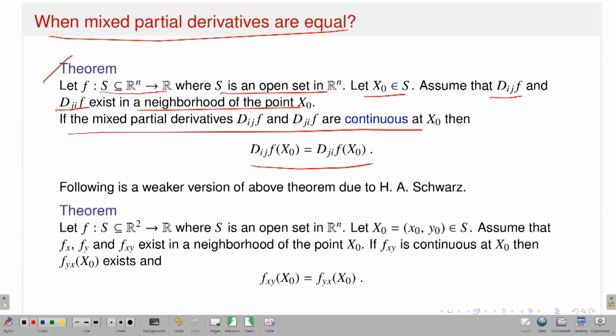So what is my theorem? It says that the existence of mixed partial derivatives alone will not let you talk about the equality of their values; continuity is needed as the sufficient condition. That means I need two things.